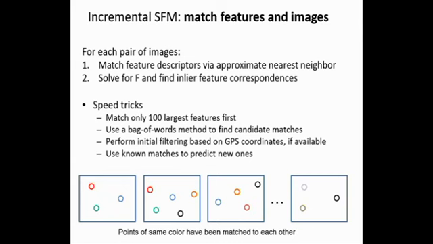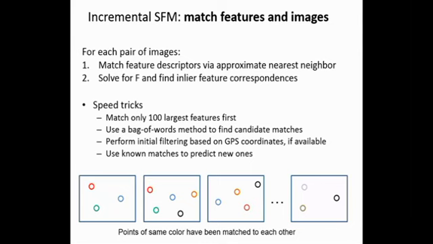And then the final one, which is more complicated, is that you can try to use known matches to predict new ones. As a simple example, if A matches B and B matches C, then you also want to check to see if A and C match. There's ways of building up all of the matches to find new likely matches without having to do exhaustive matching.